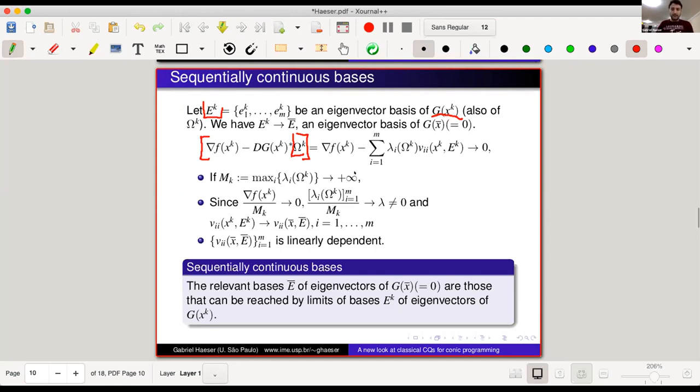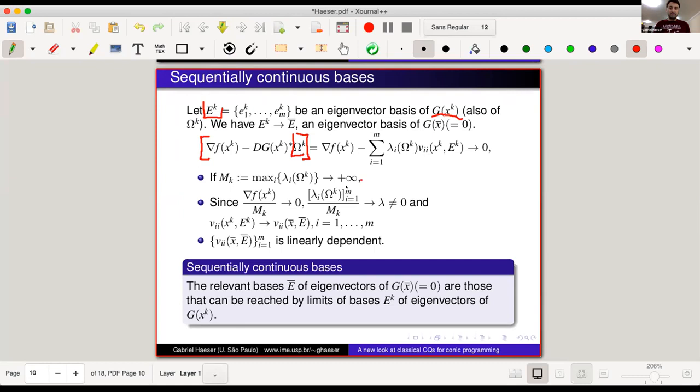And then you assume that these scalars, the multipliers, are unbounded. If they were bounded, you could simply take limits and you would get KKT, so there's nothing to prove.